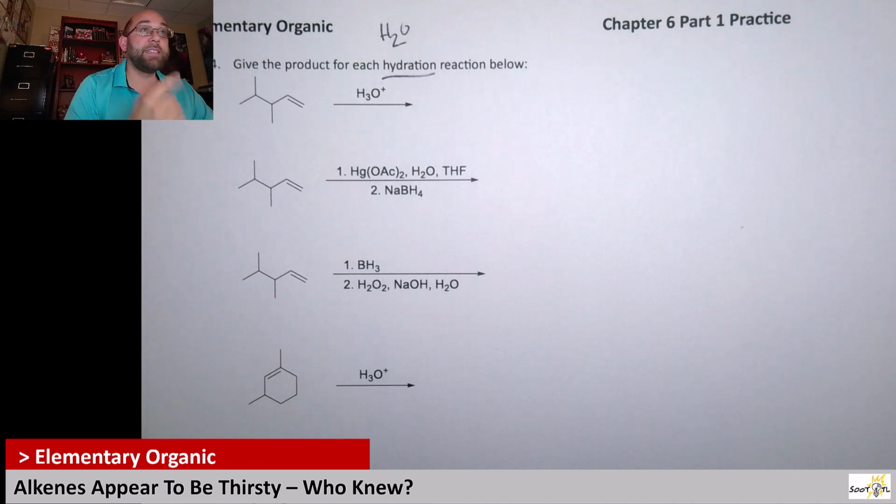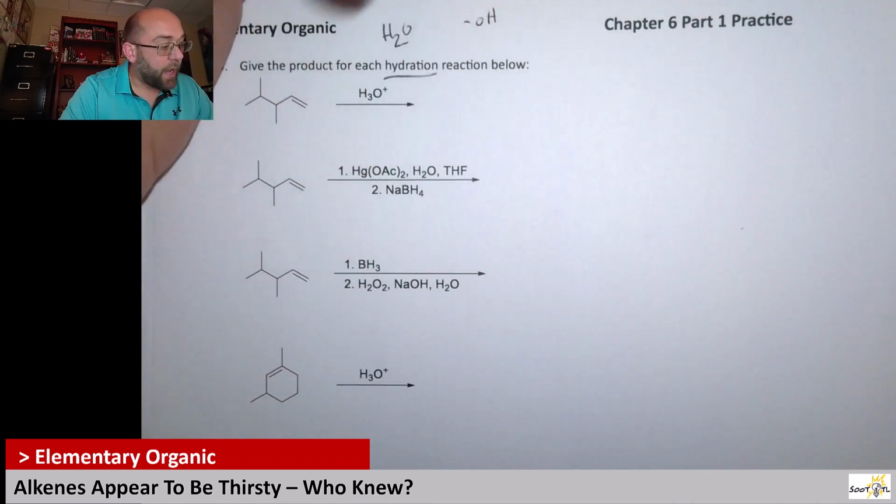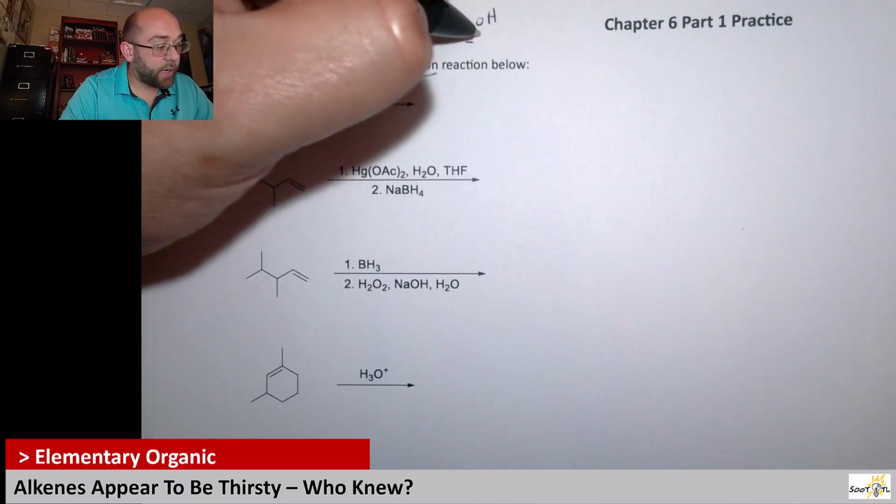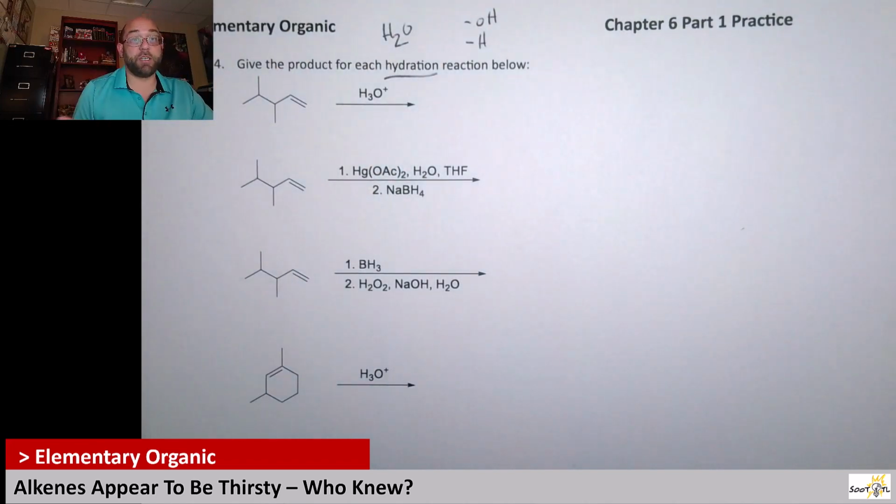What that means is one carbon will get an OH group, and the other carbon of the alkene most likely will get the hydrogen. Depending on which of the three hydration reactions we have, there could be an extra step or a layer of complication.